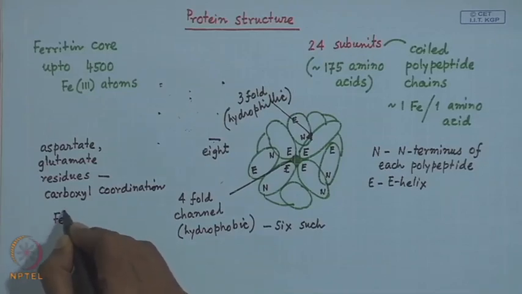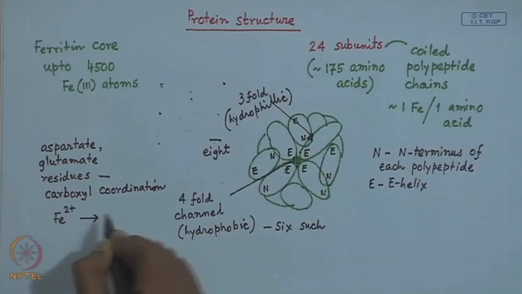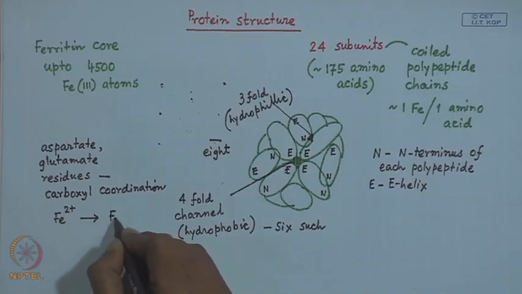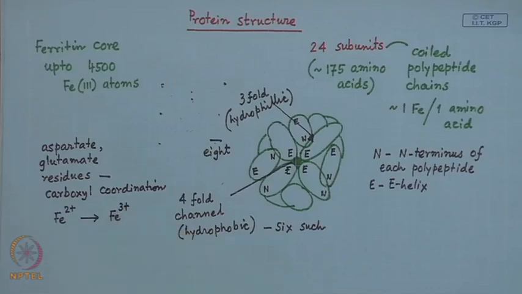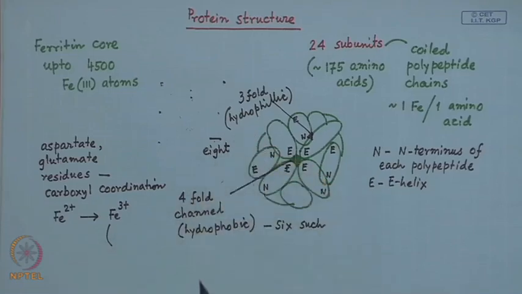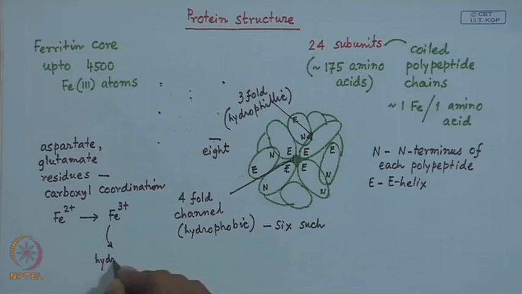So, iron is there, which, if it comes as Fe2+, will be immediately oxidized by some other enzymes to Fe3+, and they enter through this threefold hydrophilic channel, and the inside core of the ferritin molecule will then be filled through these iron hydroxido and oxido species, and the process we can consider as their hydrolytic polymerization.